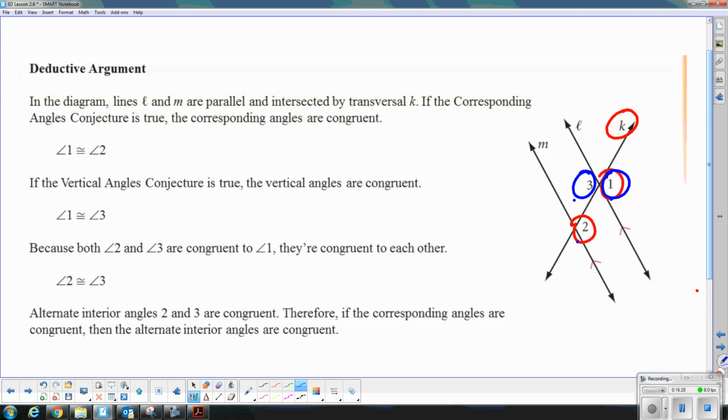Then, using the property of transitivity, so if A equals B and B equals C, then A equals C, we can say that angle 2 is congruent to angle 3. And angle 2 and angle 3 are alternate interior angles, and they are congruent. So that's the process you should be thinking of.